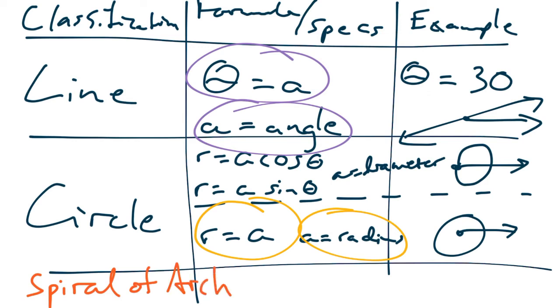Because when you have the spiral of Archimedes, remember, you actually have two variables: r equals theta, or as we saw it today, r equals a theta. That means as theta increases, so does your radius, and that's why we end up with a spiral shape. So be careful: three different equations, three different graphs, three different classifications, but that should round out your chart.